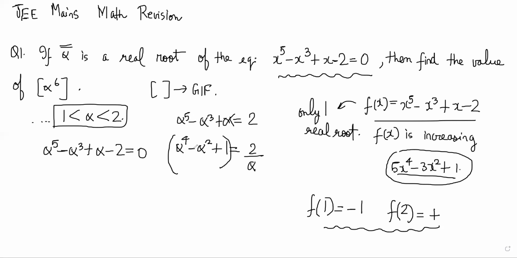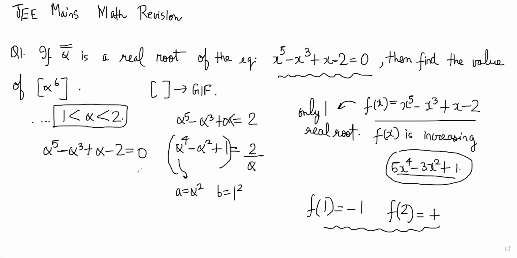Now, this is like a square minus ab plus b square, if you put a as alpha square and b as 1.